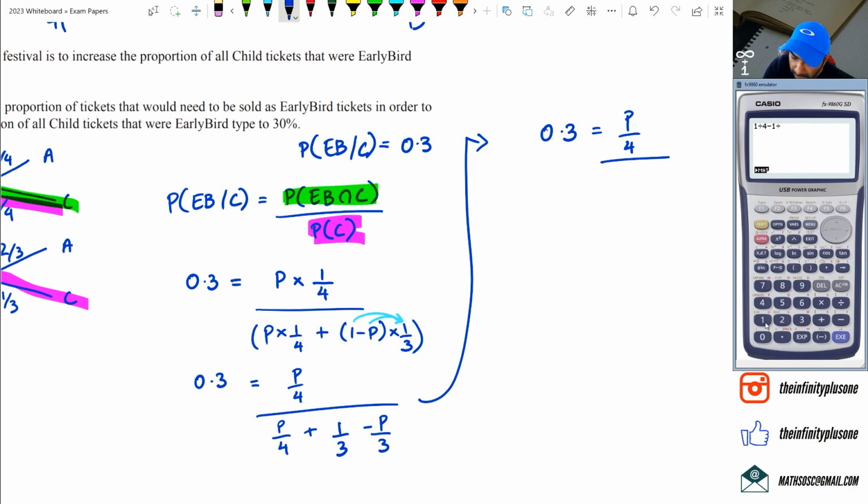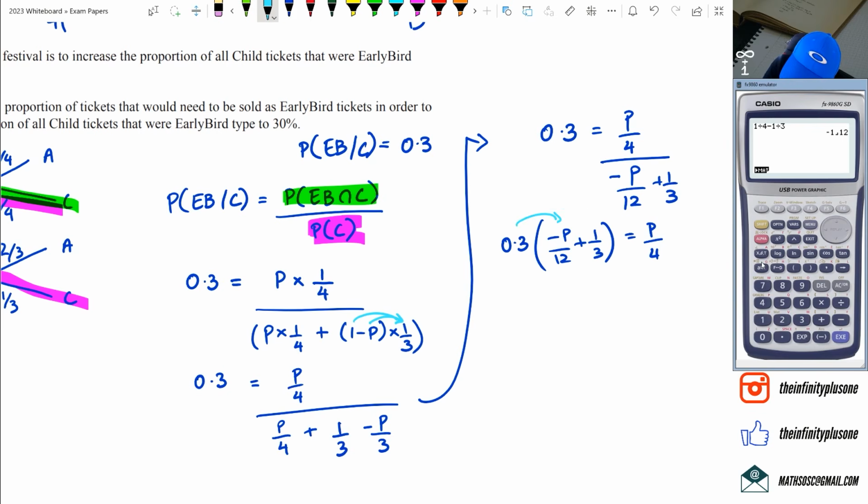A quarter minus 1/3 is negative 1 over 12. So we're going to get negative P over 12 plus 1/3. Cross multiply, so we're going to get 0.3 times negative P over 12 plus 1/3 equals P over 4.